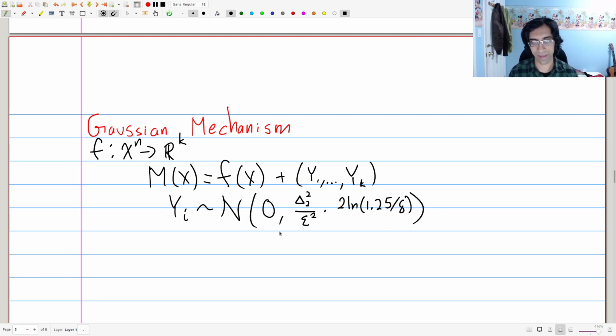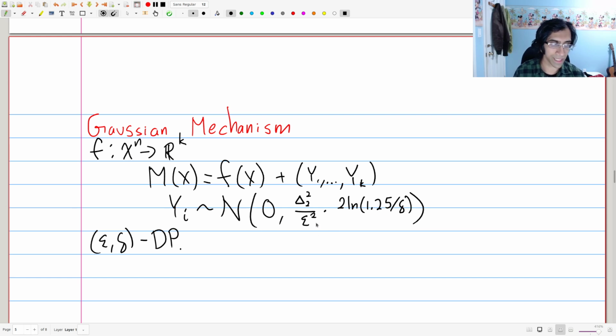Okay, so this is Gaussian noise, but let's simplify this a bit. This is the Gaussian mechanism, and the claim is that it's epsilon-delta differentially private. We'll prove this a bit later.